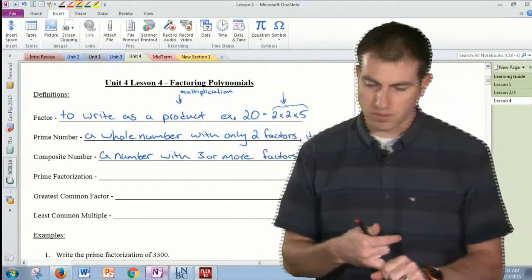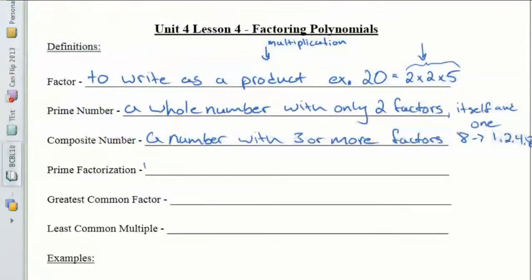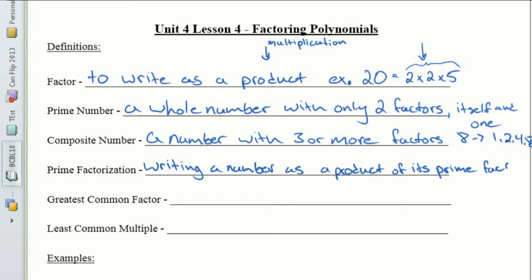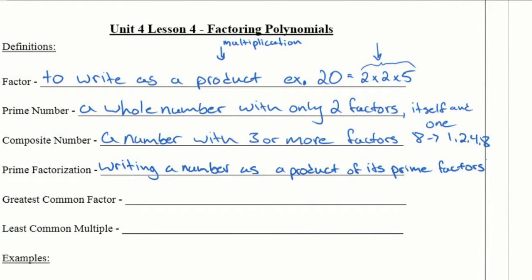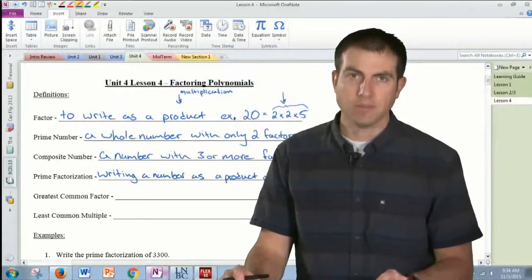It's writing a number as a product of its prime factors. I'm not going to include an example of that because we'll actually do a few in the lesson.